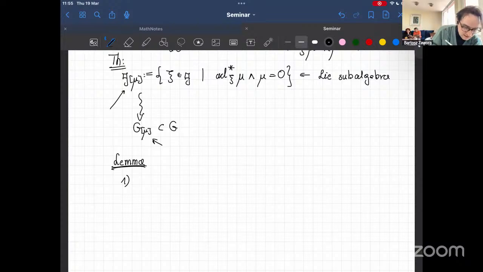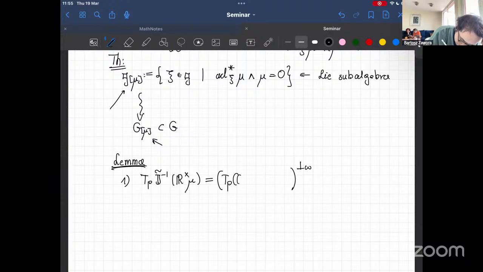Right. So the lemma is as follows: the tangent space to the pre-image of R cross mu is given by the symplectic orthogonal of the tangent space to the orbit G P at the point P, intersected with the kernel of the primitive one form of the symplectic structure, theta at P.